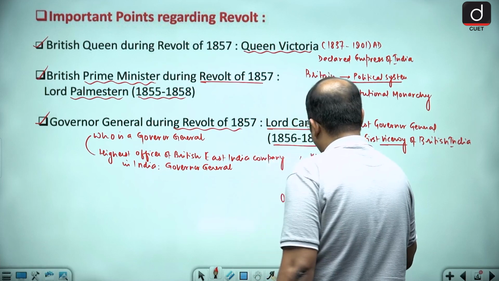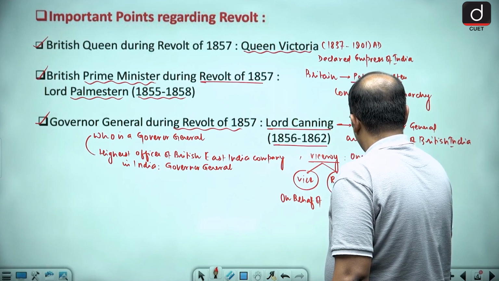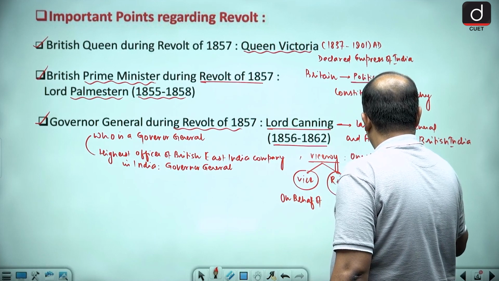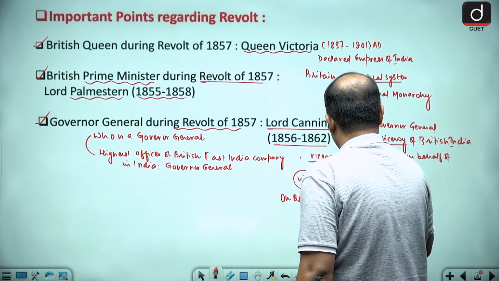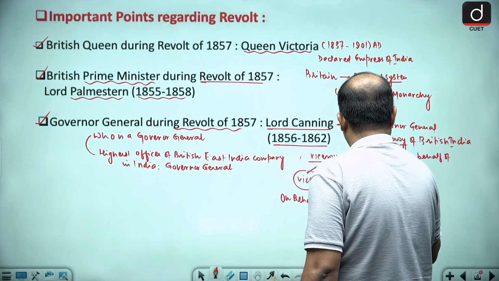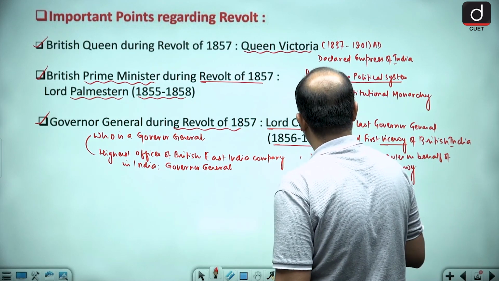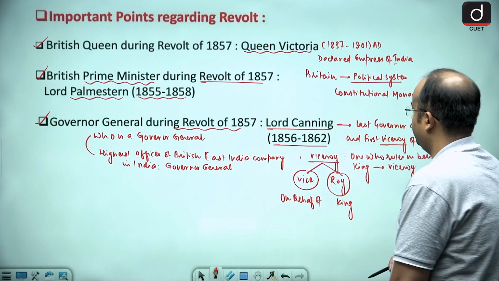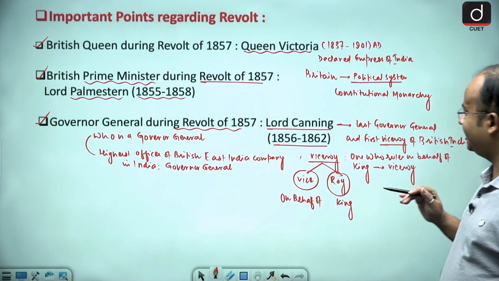So Viceroy technically means one who rules on behalf of the king. The last Governor General and first Viceroy of India was Lord Canning.